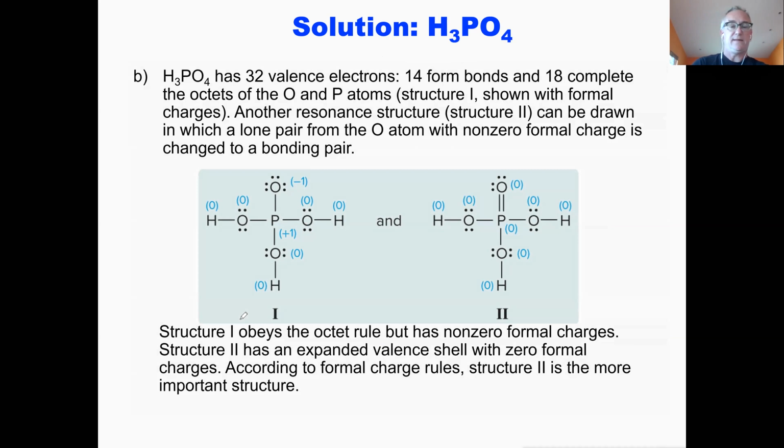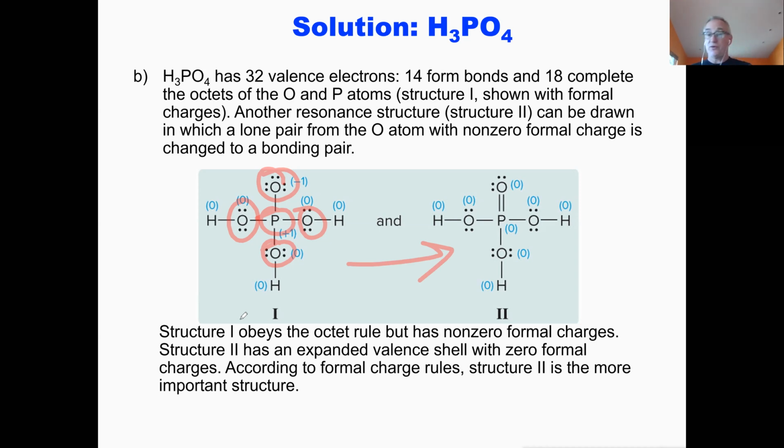You will see the structure I showed you, where phosphorus has a +1 and each oxygen is negatively charged when it doesn't have the hydrogen on it. Now it says structure 1 obeys the octet rule, but has formal charges in it. And so it says that is not as stable as this structure, which doesn't have any formal charges.